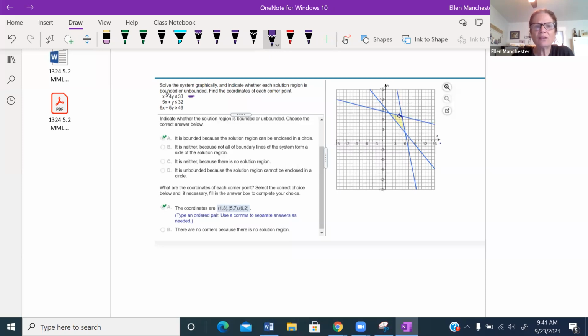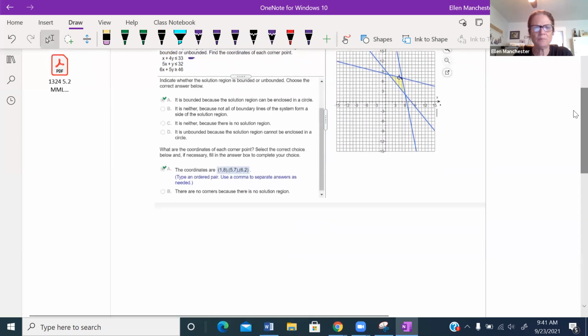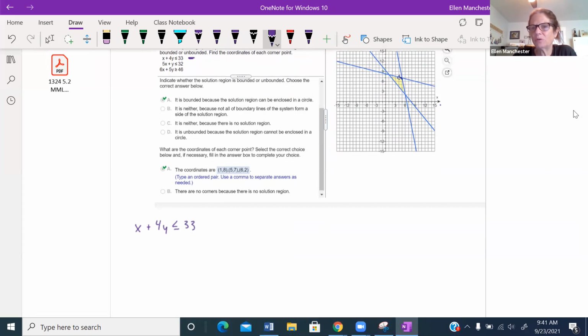So we're going to take x plus 4y is less than or equal to 33. Let me scroll down a little bit. I know that I only have 0 to 15 to work from.